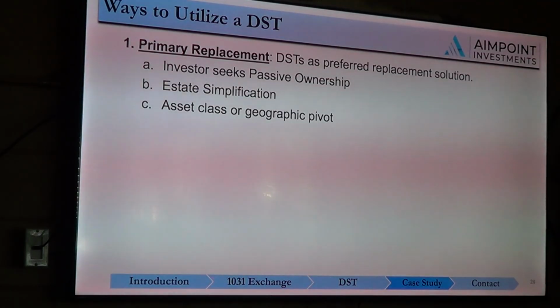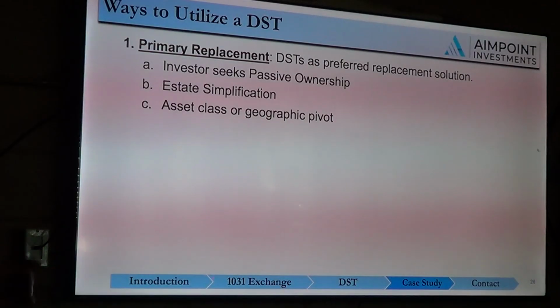And then finally, somebody may just want to get out of California ownership, and their options are, okay, I could sell my property here and buy a duplex in Arizona, but I don't want to fly to Arizona to manage this thing. Well, here's a way you can pivot out of a geography or a property type and not have to manage.